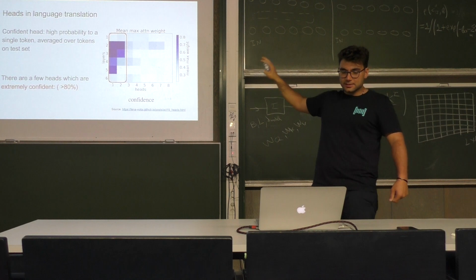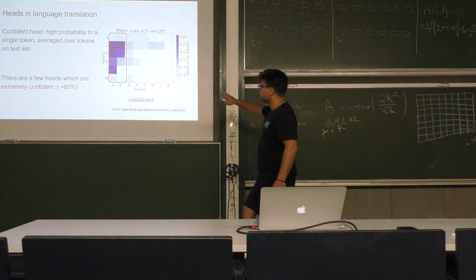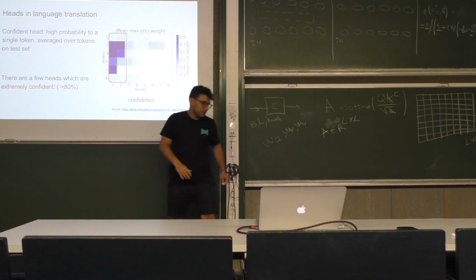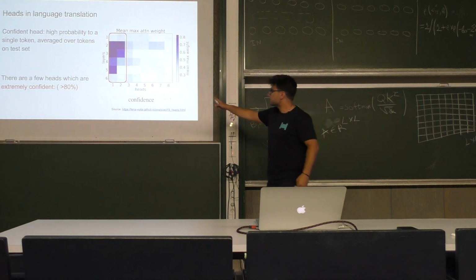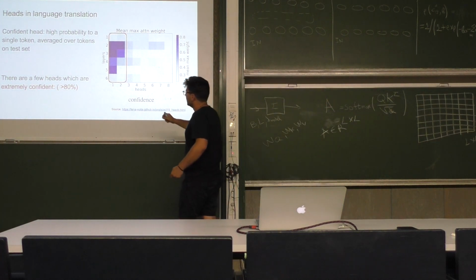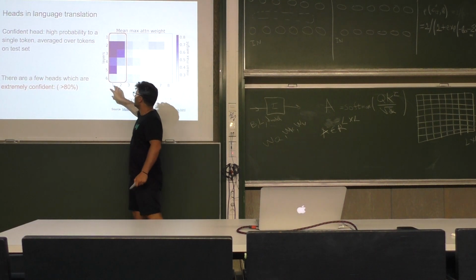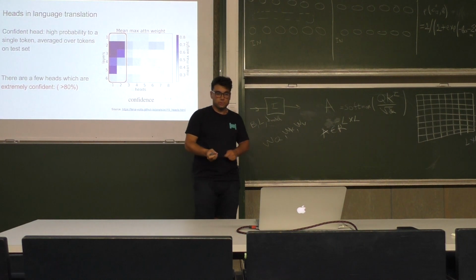So we're still staying in natural language, and we will look at a lot of these heat maps. Don't confuse the L by L attention matrix with this visualization. Here, for each head on the x-axis and different layers, we produce a heat map that corresponds to different things.